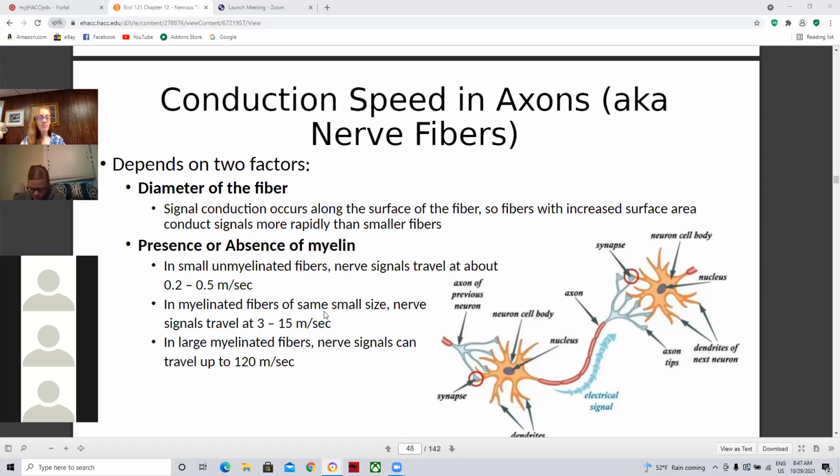In myelinated fibers of the same small size, nerve signals travel up to 3 to 15 meters per second. In large myelinated fibers, nerve signals can travel up to 120 meters per second. So size and presence or absence of myelin.